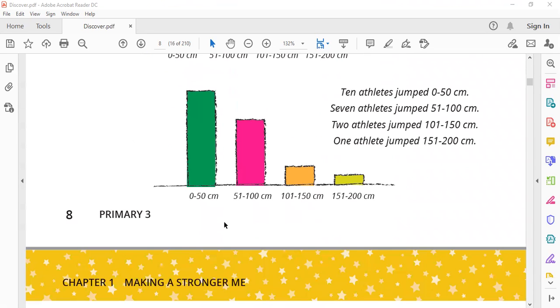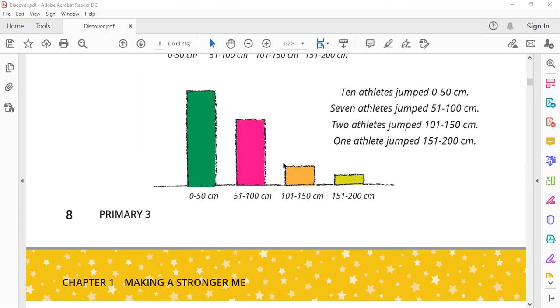When we look at the last one, 10 athletes jumped greater than 0 and less than 50, in the green. Well, this graph doesn't help me to understand because it didn't say here the 10 athletes in green, the 7 in pink, the 2 athletes in brown, and 1 athlete in yellow.